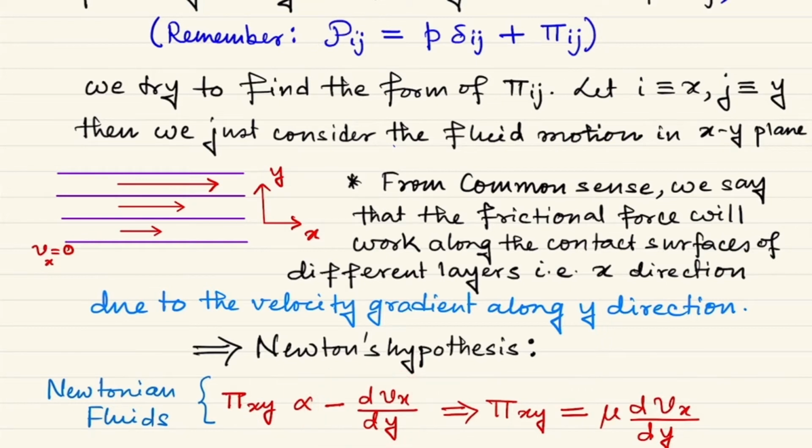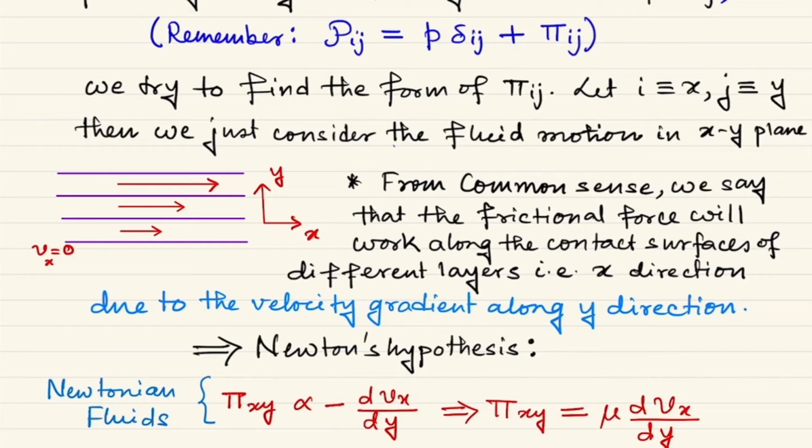Okay, so if the difference of vx along y is more and more prominent, then the xy term of the pi tensor will also be more and more important, and there will be a minus sign because this basically tries to reduce the velocity gradient that developed this frictional entity.